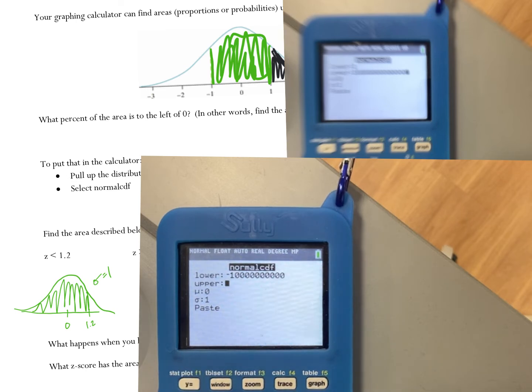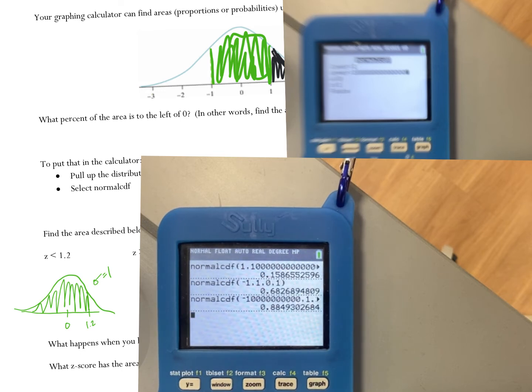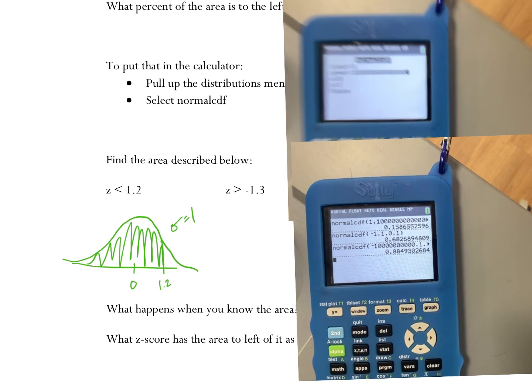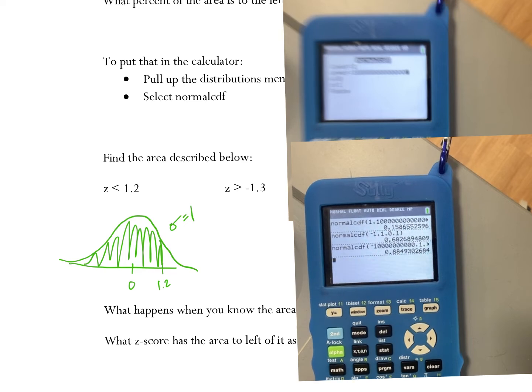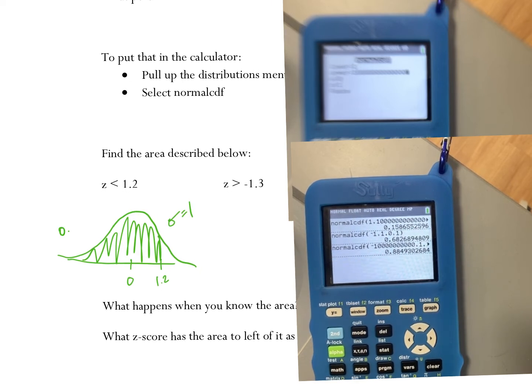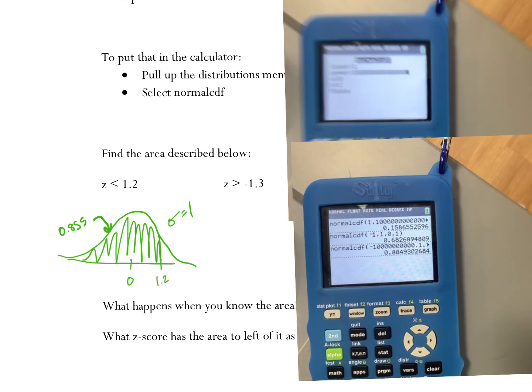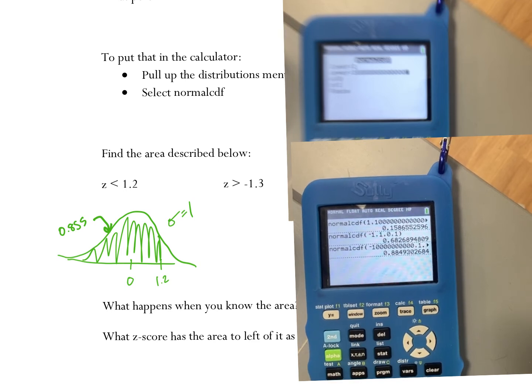My upper should be 1.2. I've got my 0, I've got my 1, and I find it to be 0.885. Yeah? Is this feeling good?